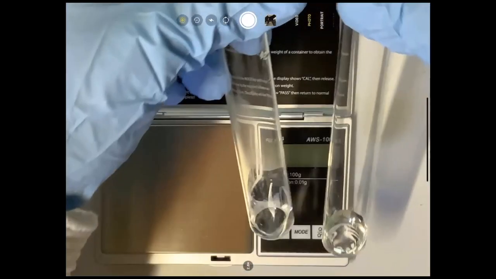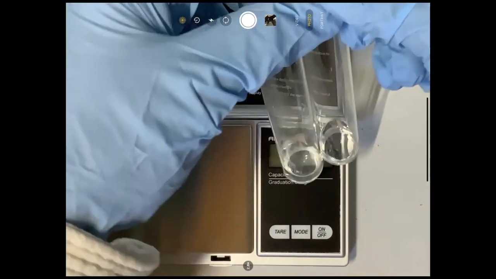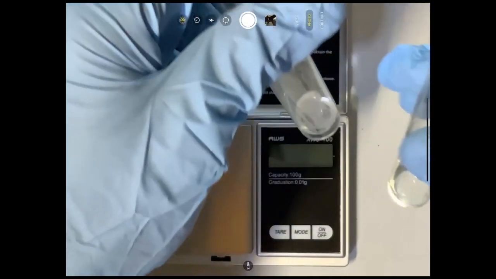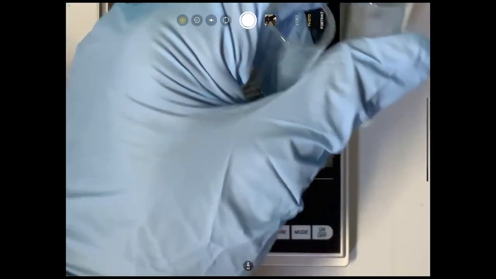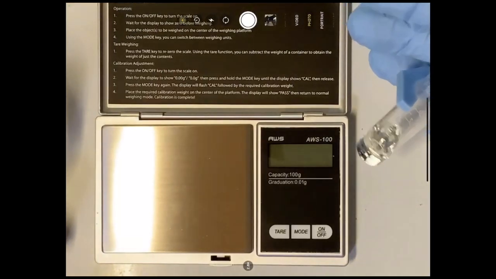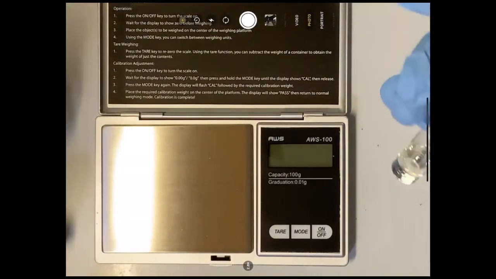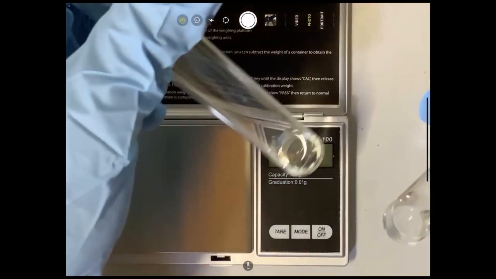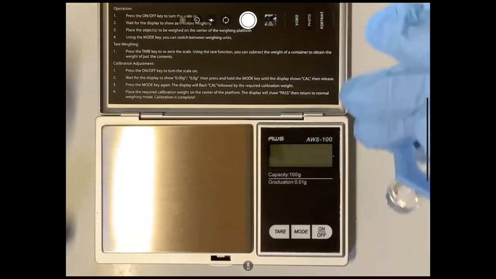I know these liquids, sorry, I can't change my camera, have different volumes. This is liquid A, this is liquid B, and this is liquid C. Liquid C, I didn't put in the A test tube because I'm just going to use it directly from the graduated cylinder. The liquid A had the most volume, liquid B had the second, and liquid C had the least.